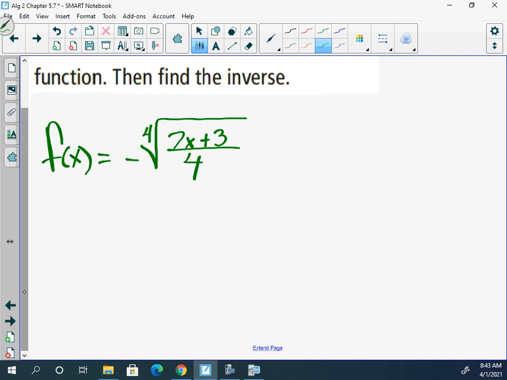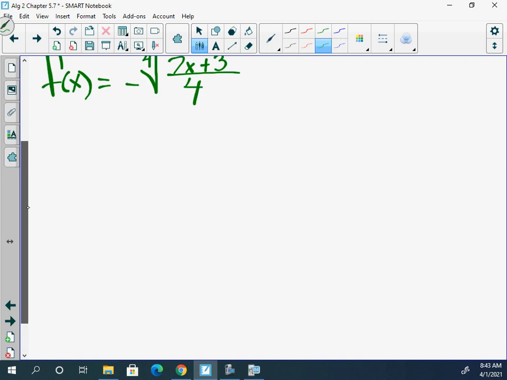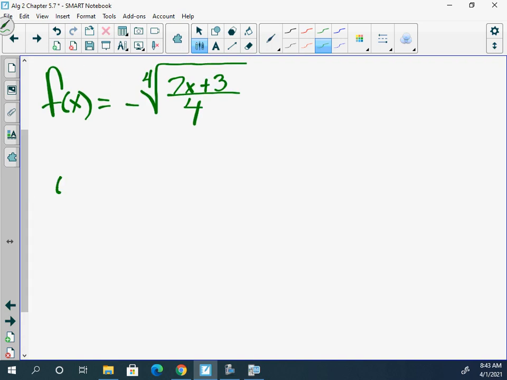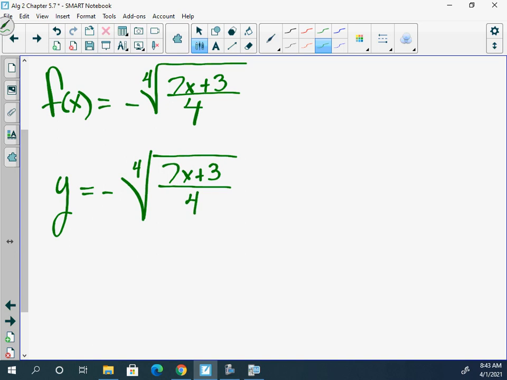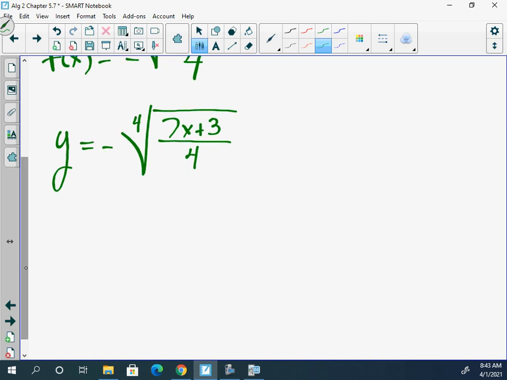So let's just go through the steps that we've been using. Negative fourth root of 7x plus 3 over 4. Wait, you do 7 plus 3? Yeah, so then we would switch it.